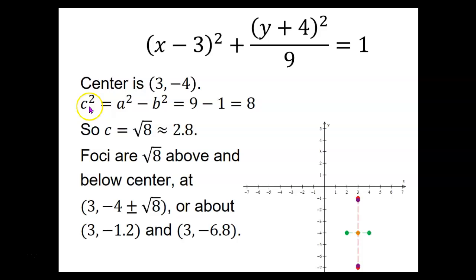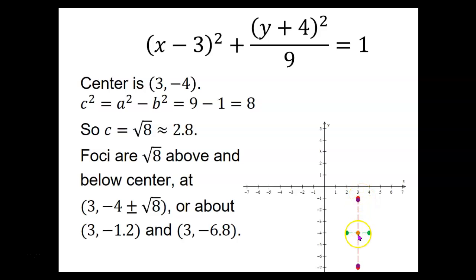c squared would be a squared minus b squared. So 9 minus 1, which is 8. And then that's c squared, so c would be the square root of 8, which is approximately 2.8. So if we start at the center point and go in the direction of the major axis, that is up or down, approximately 2.8 spaces, we get to the foci.